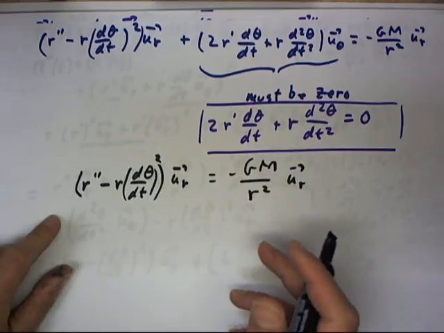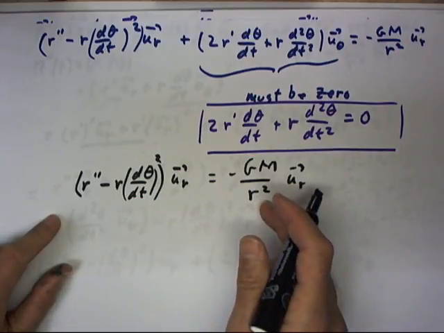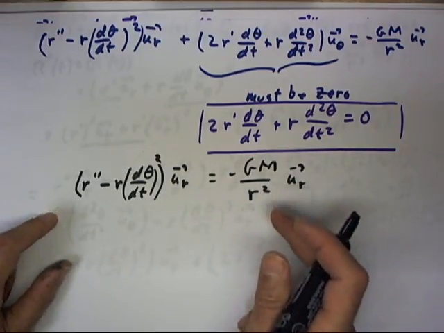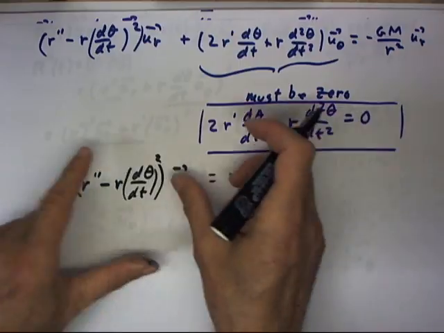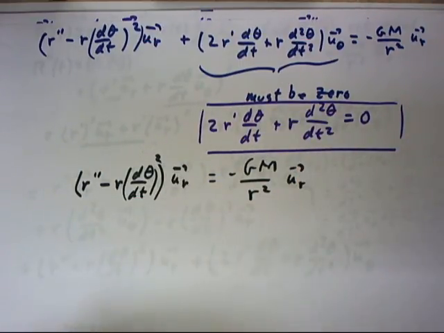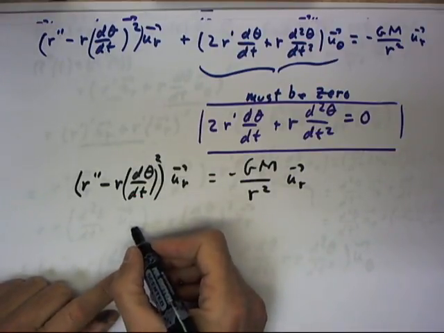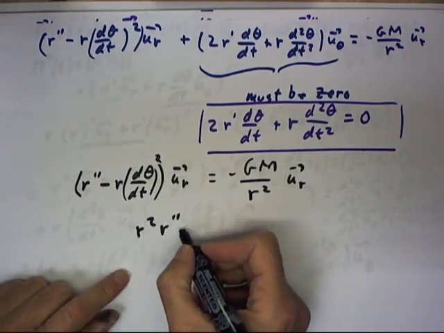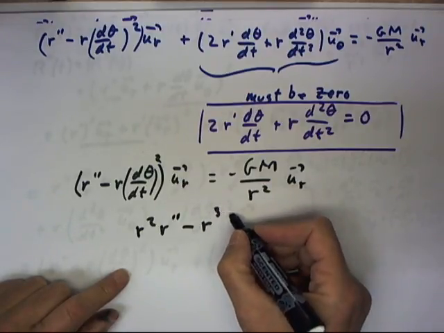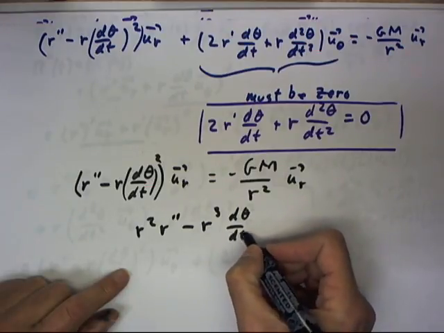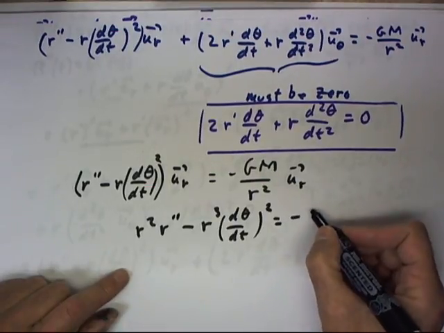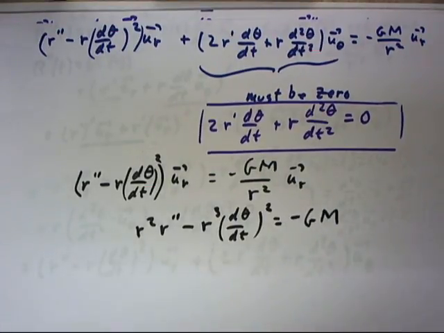Well, it simply tells us if we multiply through by r squared and just set the two coefficients of u_r equal to one another, so that we don't even need the u_r in there anymore, we end up with r squared r double prime minus r cubed times d theta dt quantity squared equals negative GM.